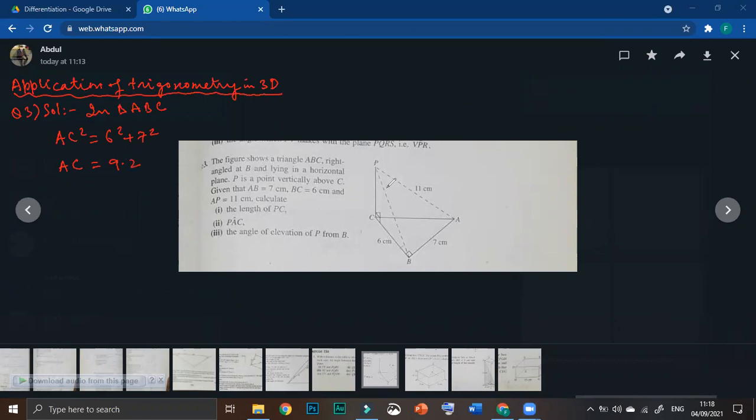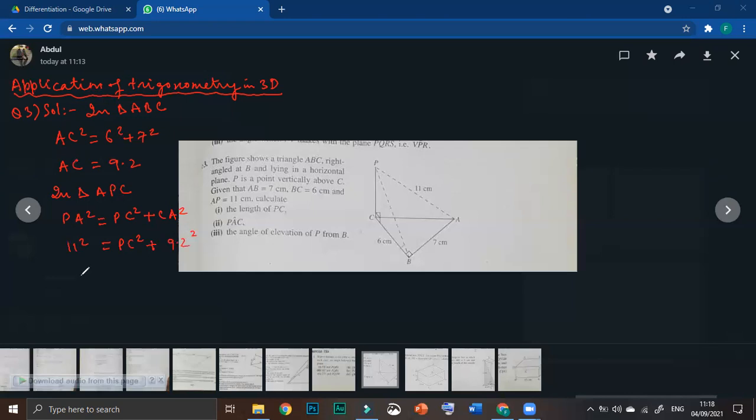We want to find out PC. Now we will again use Pythagoras rule to find out PC in triangle APC. PA whole square is equal to PC square plus CA square. 11 square is equal to PC square plus 9.2 whole square.